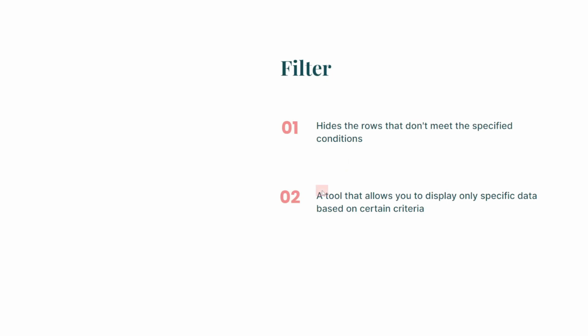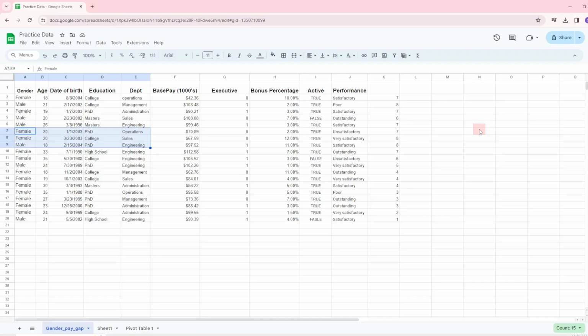And then filter is a tool that allows you to display only specific data based on certain criteria. It also hides rows that don't meet specified conditions. For example, we want to see salaries or base pays that are above $90 or $100. That's where we use the filter.